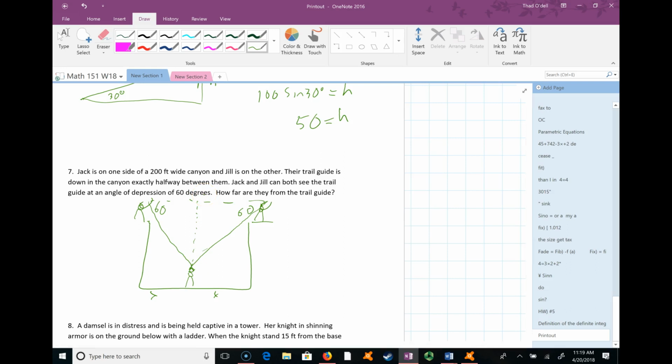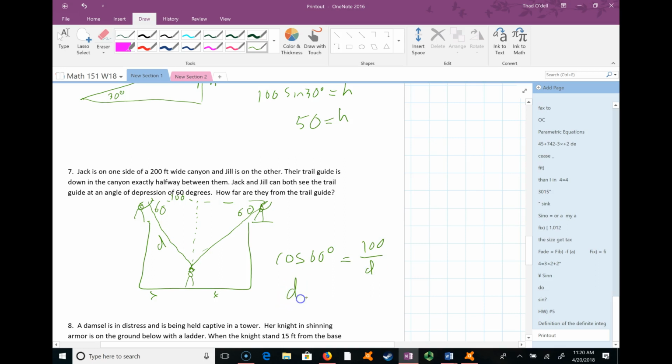And since it's a 200-foot wide canyon, we know that this distance right here is 100. So it looks like we have the adjacent side and we want the hypotenuse. So think of cosine: cosine of 60 degrees is equal to adjacent over hypotenuse, and we'll call this d for distance.